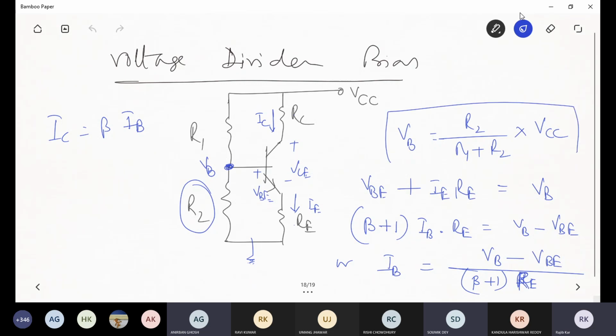This is a class 10 concept, not even class 12. The voltage at this point, where R1 and R2 are, the voltage developed across R2 will be equal to the effective resistance multiplied by the total voltage. You find out what is the current flowing through this.